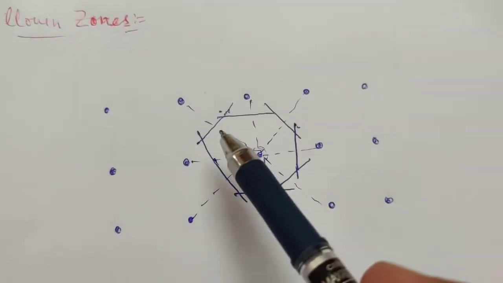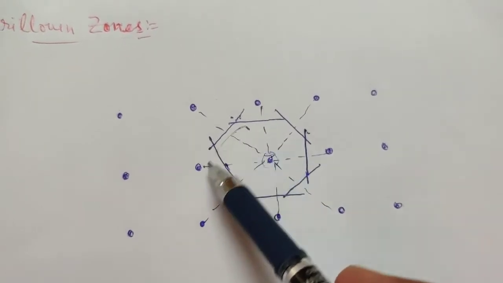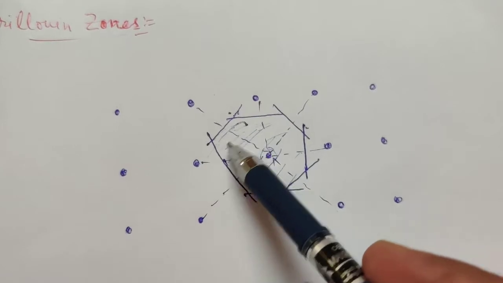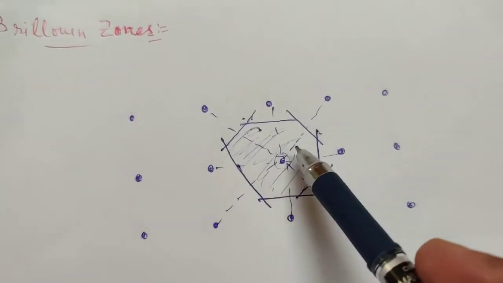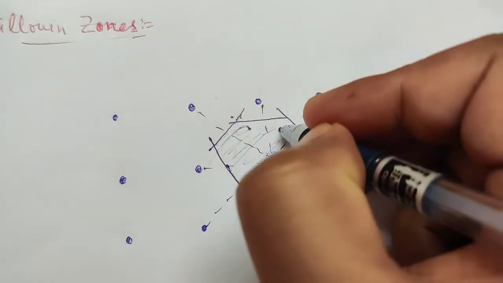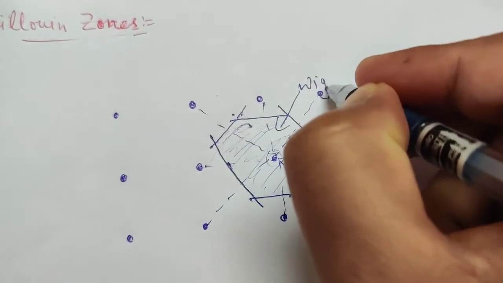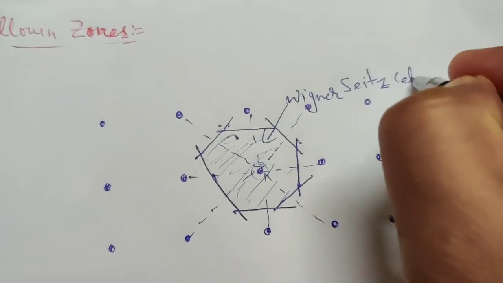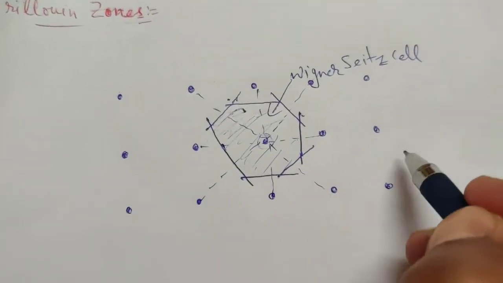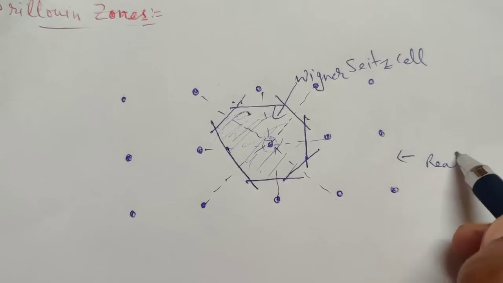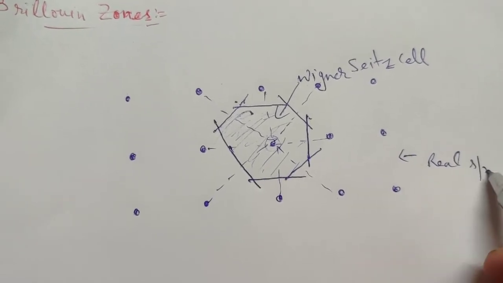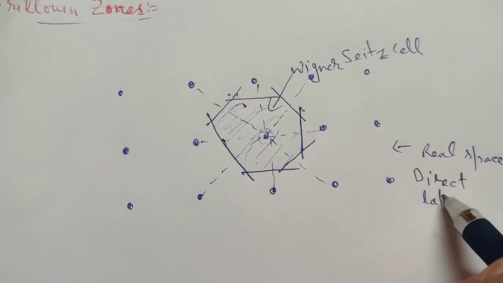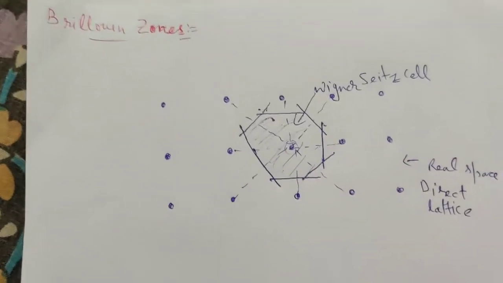So now this region enclosed in this area is known as Wigner-Seitz cell. So this is your real space, or this is your direct lattice.